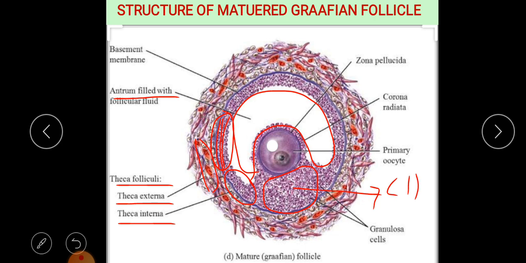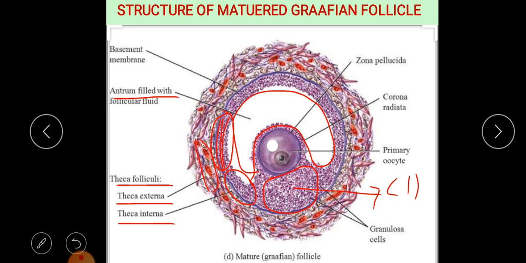Okay, this cumulus oophorus is also known as the egg proper, and also as the discus proligerus. Okay, so this is all about the structure of a matured Graafian follicle.